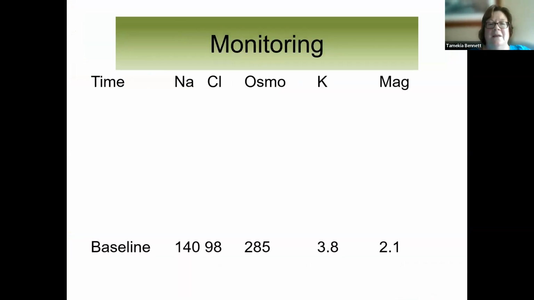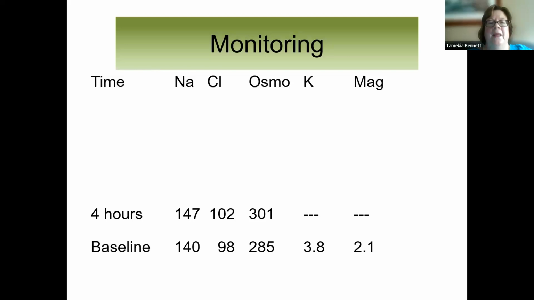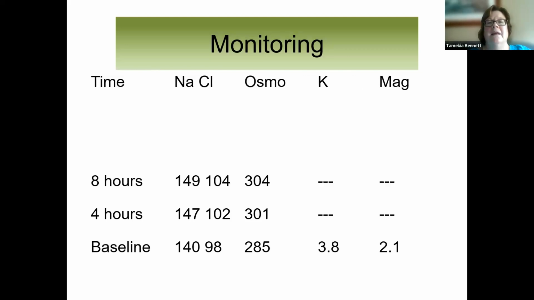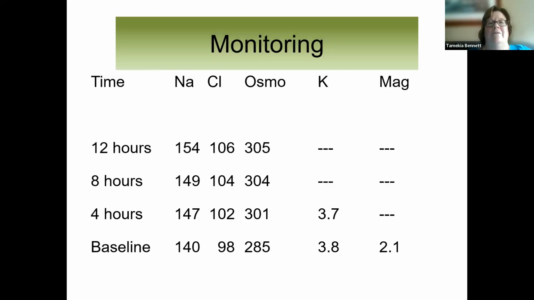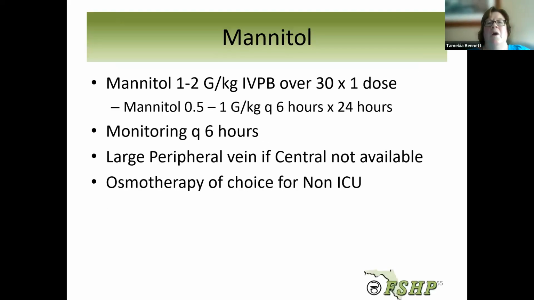So here's my patient. Here's what my baseline labs were. Here's what they were 4 hours later, 8 hours later, 12 hours later. And then the next morning, I was above goal, so we stopped the plan. Whereas mannitol is dosed differently, the biggest benefit to mannitol is that you can use a peripheral vein and you do not need a central line.